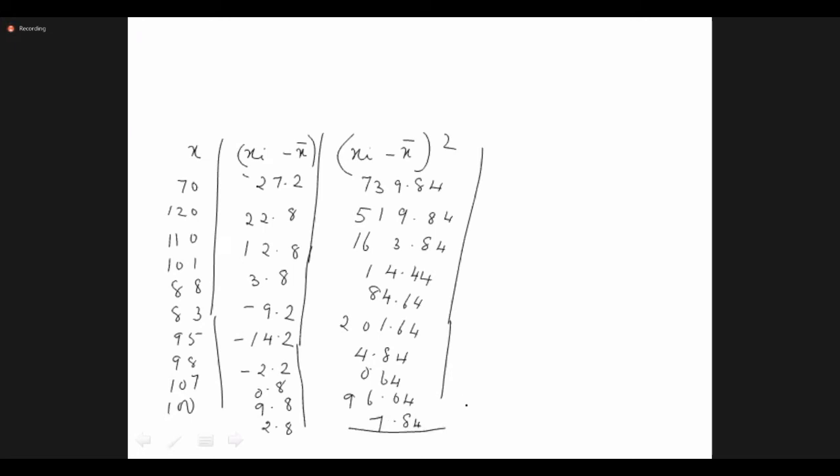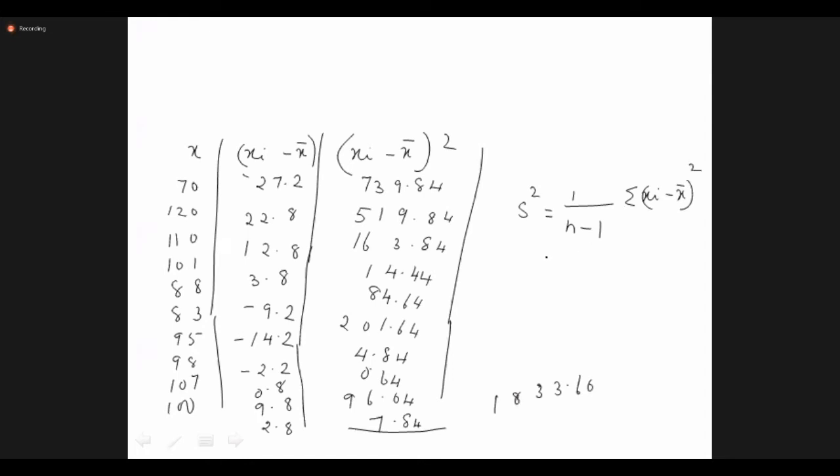So the total value I will write here as 1833.60. For S square we use the formula 1 by n minus 1 into sigma xi minus x bar whole square.